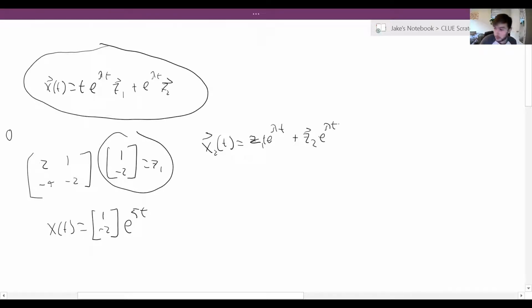Now I believe in the notes over there it calls z1 this n with a hook on it, and then z2 it calls rho, which looks like a p when I write it. That's rho.